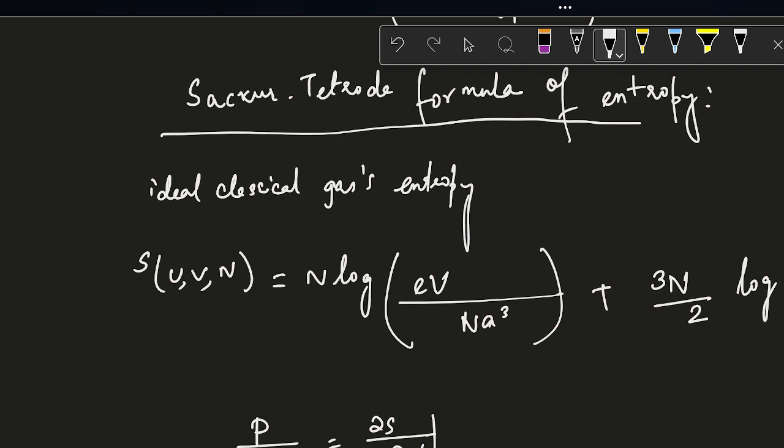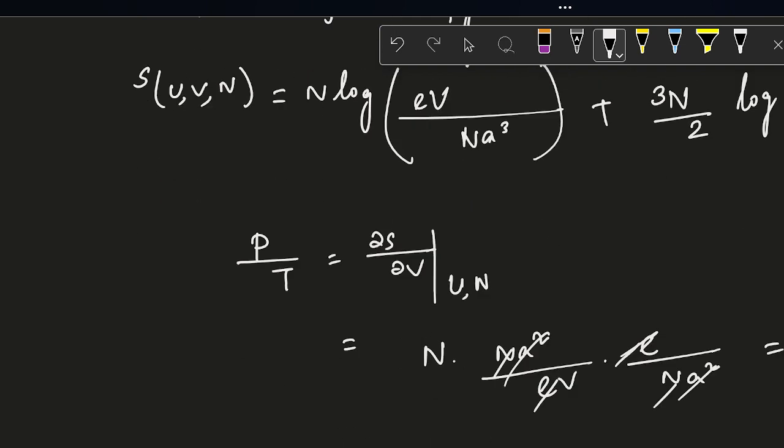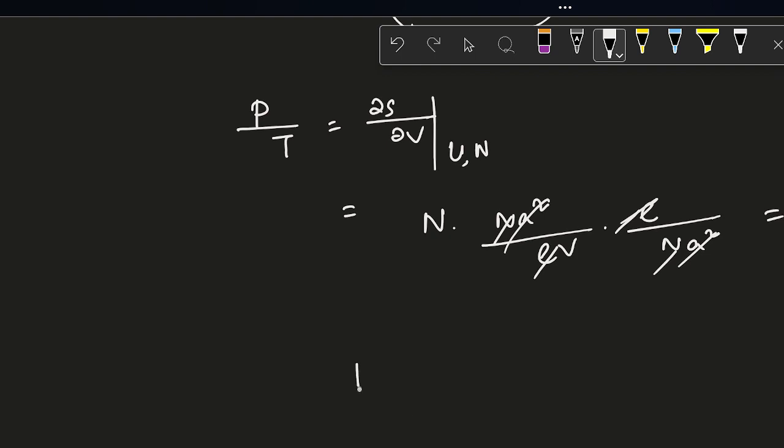The log derivative will give you 1 by x, so it is N squared divided by E times V, then E by N squared. So E and E cancel out, N squared and N squared cancel out, so this is just N by V. That means you get PV equal to NT.